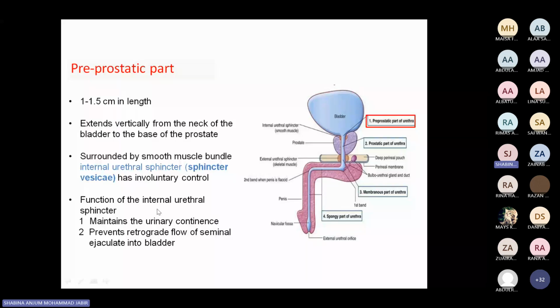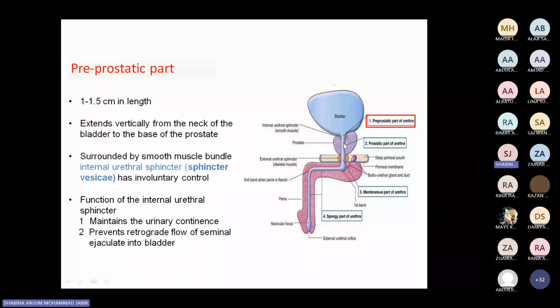Obviously it will maintain urinary continence, and in males it also has a sexual function. It will prevent the retrograde flow of seminal fluid into the bladder. Because it will be closed, the seminal fluid will go like this and cannot go inside the bladder.